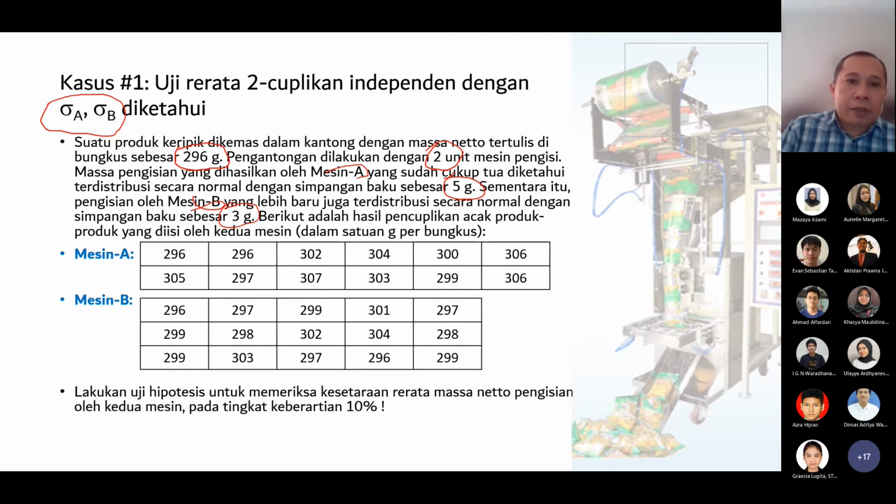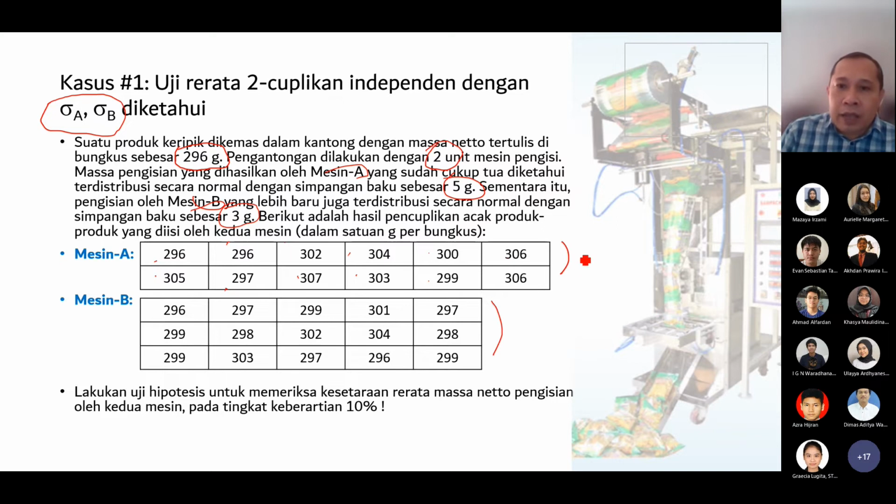From machine A, we take 1, 2, 3, 4, 5, 6, 7, 8, 9, 10, 11, 12. So we take 12 bags of chips and we measure the actual weight of chips inside those. These are the data for machine A and this is the data for machine B. For machine B, we pick out 15 bags. So the sample size is different.